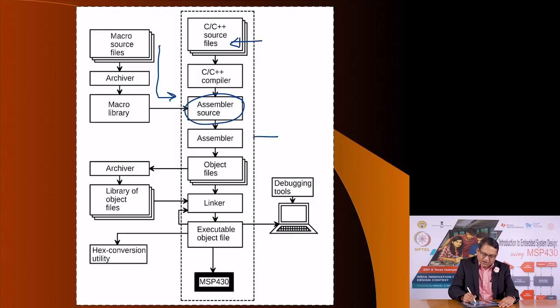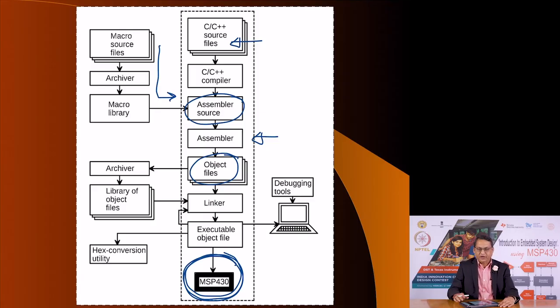Then this is assembled by the IDE and you create object files, these are linked, and you create an executable file which is nothing but the binary code, and then you are ready to download it into the MSP 430 target. So, this is the flow of your code, starting from what looks like readable text, which is nothing but C, C++ commands, and eventually it is all compiled in various steps to be able to download into the MSP 430 microcontroller.